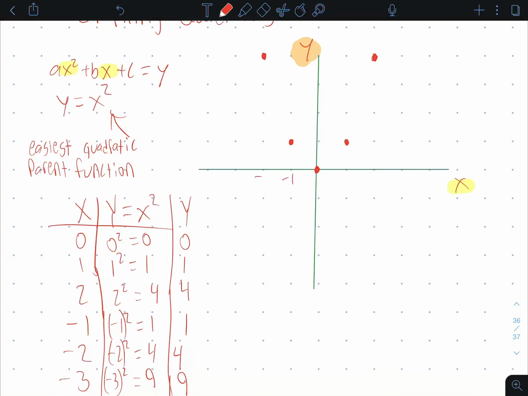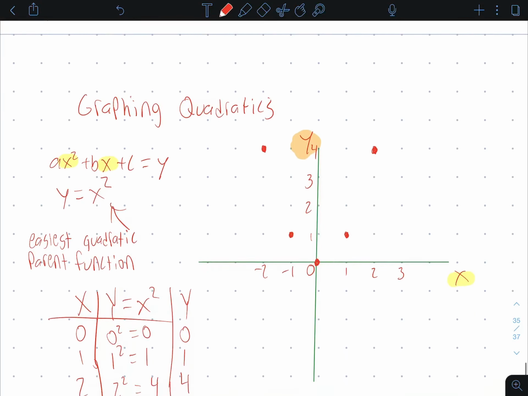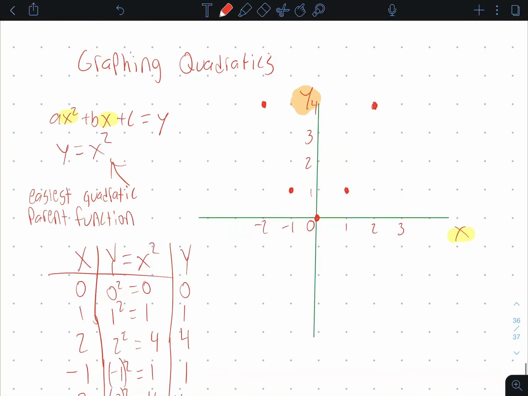So -1, -2, we're counting by ones. We're at the origin there in the middle. And I only have space to do 3 on the right side, so I'm only going to put it on the right side.